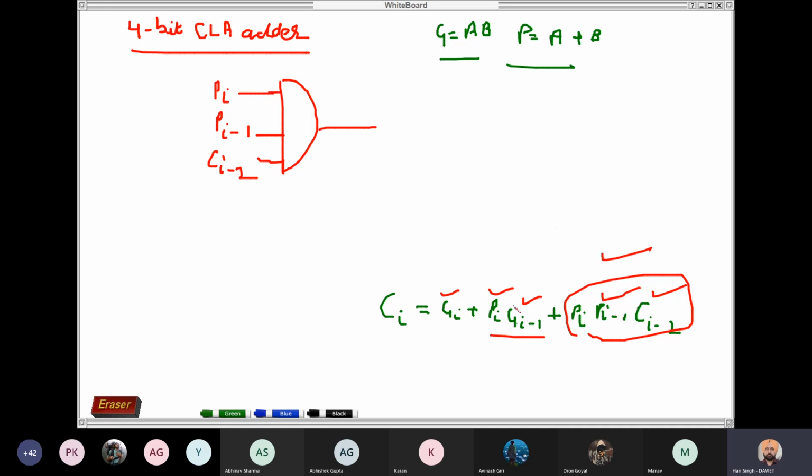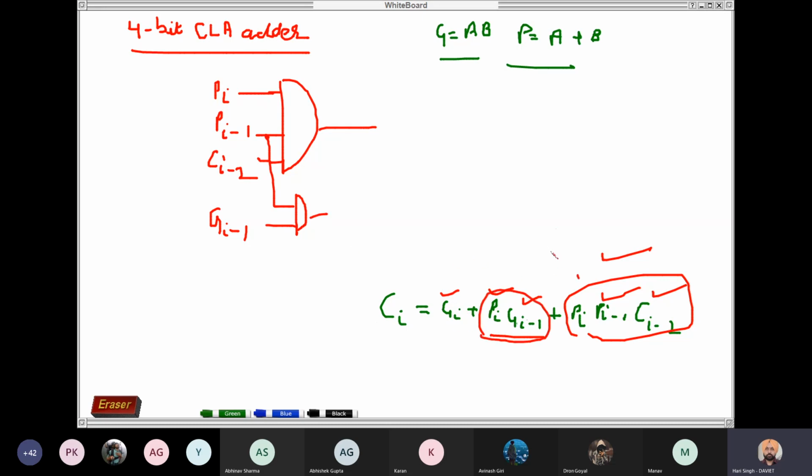Then Gi minus 1 is considered, and the second input is taken from Pi. These are combined with the help of an AND gate, and we get the second vector.